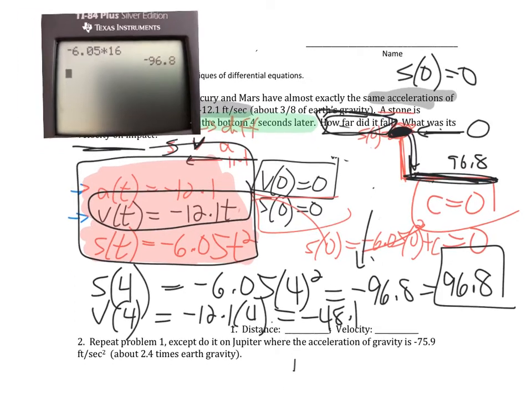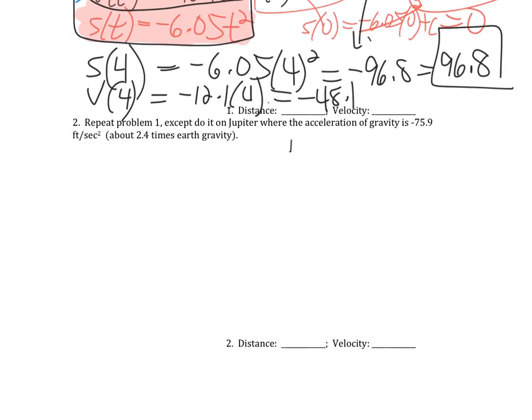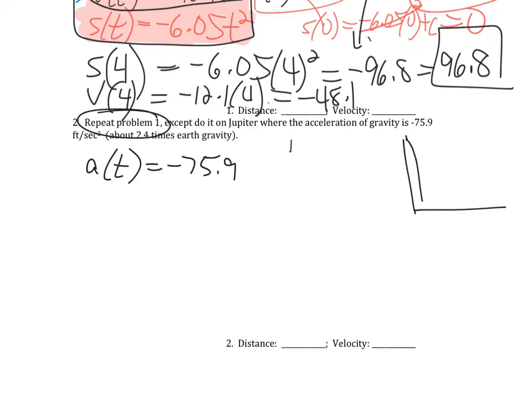For problem 2, now we're going to take a trip to Jupiter, and it says the acceleration of gravity, a of t, is equal to negative 75.9. Now, we're basically repeating this first problem. So we know that we're on this cliff. It's dropped, and 4 seconds later it hits the ground.